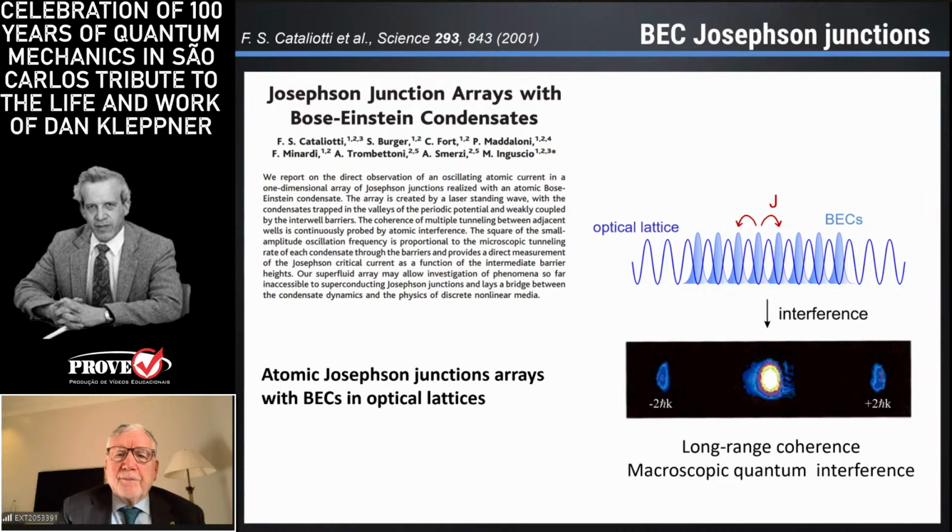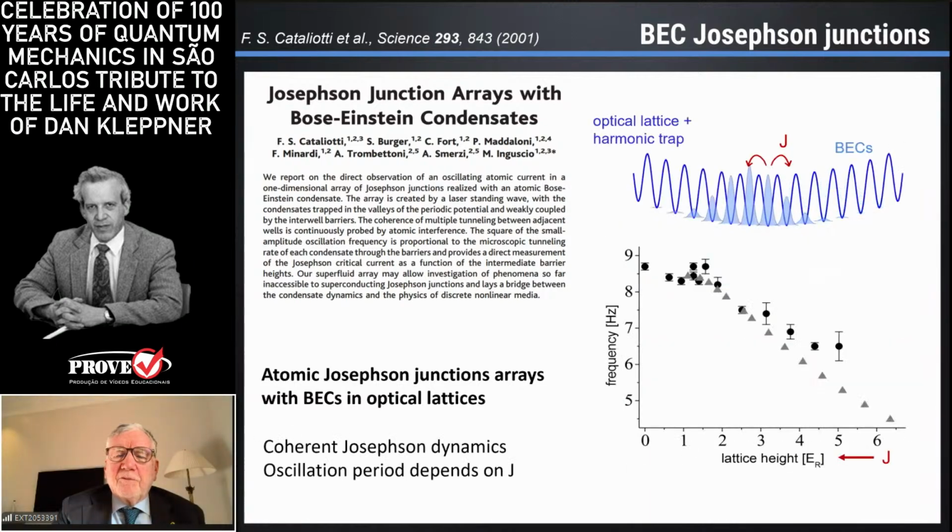So this was an array that we could control, and I have chosen this because you see the oscillation of this coherent linked Bose-Einstein condensate respect the theory. You see that the frequency of oscillation follows the prediction of the theory according to the height of the barrier.